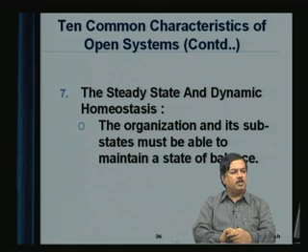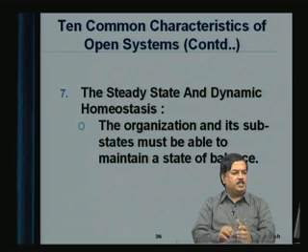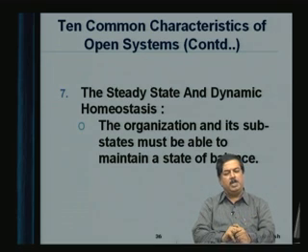And similarly, we are talking about the steady state and the dynamic homeostasis. So that means the organization and its subsystems must be able to maintain a kind of state of balance.